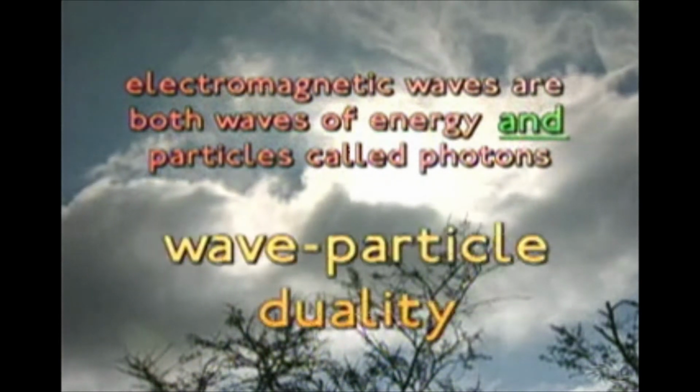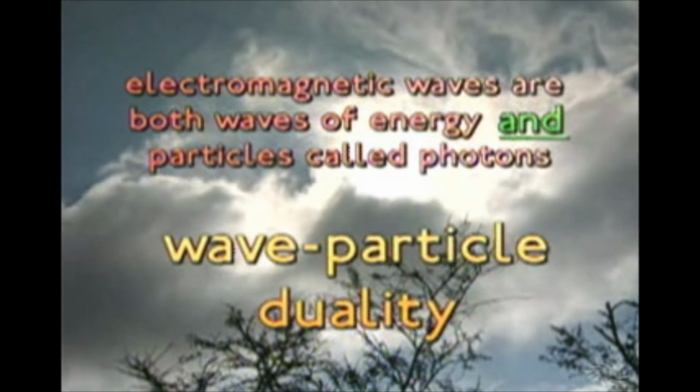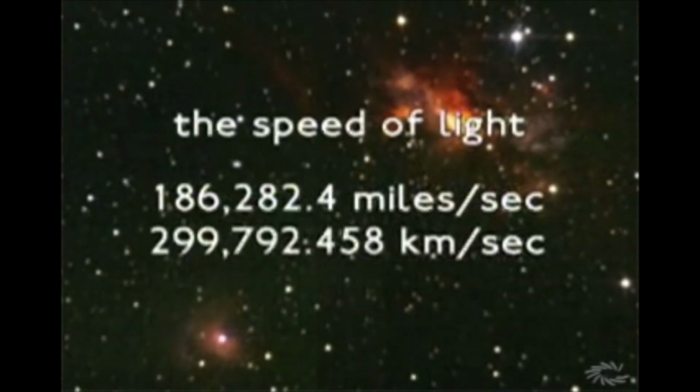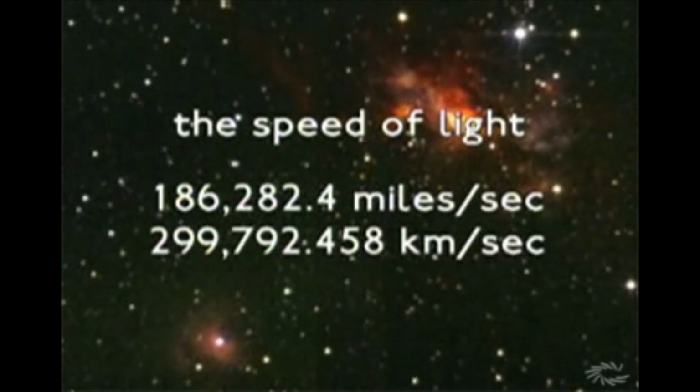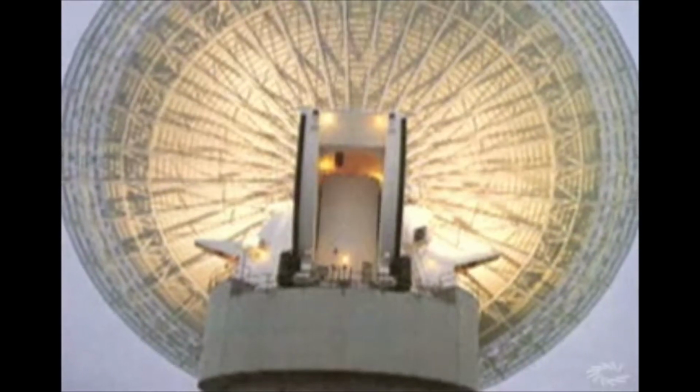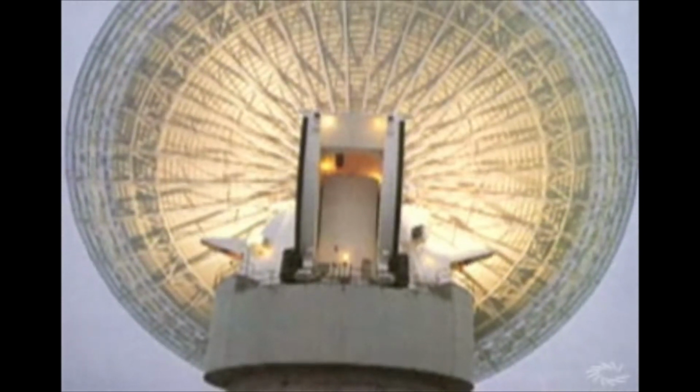This is called the wave-particle duality. All electromagnetic waves travel through space at the speed of light. Our greatest source of electromagnetic waves is the sun. But it is also the energy in radio and television waves, electric lights, the light emitted from fire, the atoms that make up matter, and much more. Electromagnetic waves are everywhere in our universe.